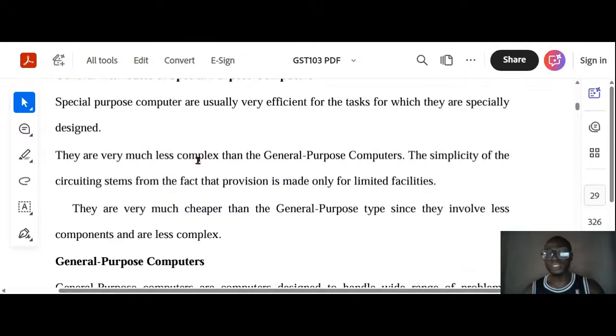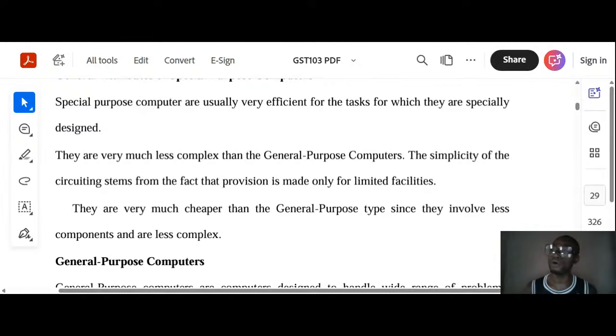They are very much less complex than the general purpose computers. The reason is that since it's only one thing they are meant to do, maybe the only thing on them will be one application in charge of that thing. It's not like your general purpose computer where you have games, YouTube, browser, this, that. Sometimes you switch on your computer and get confused about what to touch or start work on first, because those are general purpose.